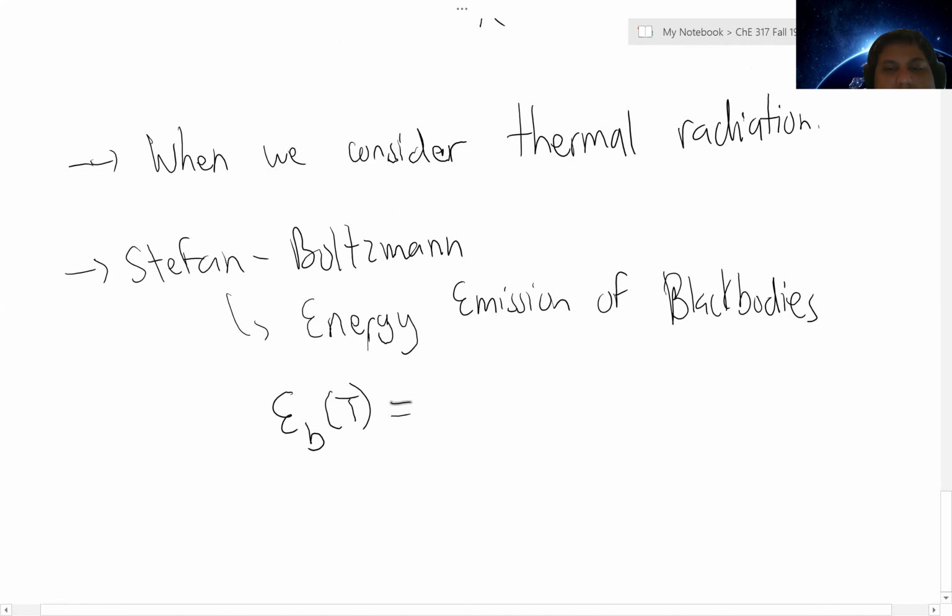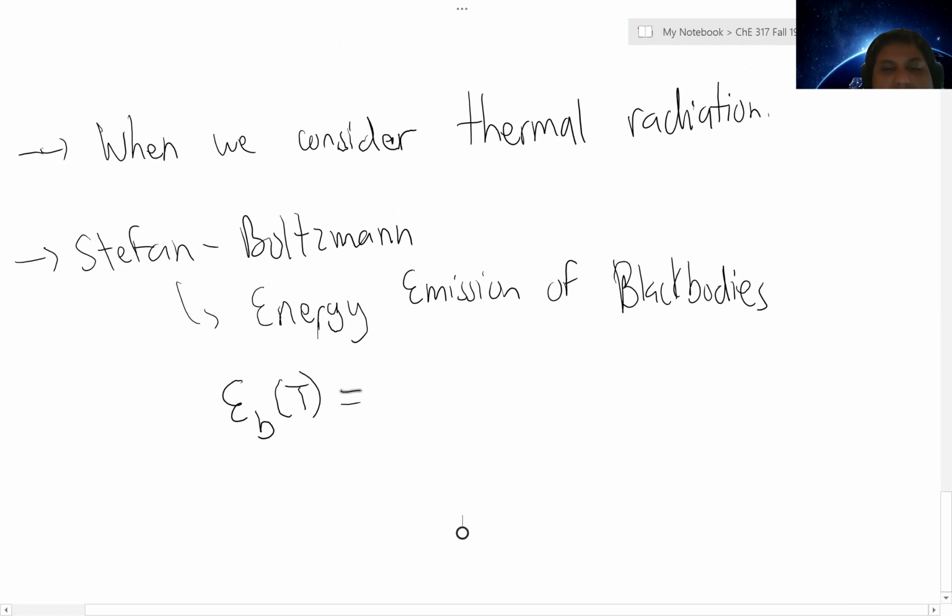such that we could correlate the energy emission of a black body at a known temperature as a sigma value times the object's absolute temperature to the 4th power, where we know sigma as the Stefan-Boltzmann constant.